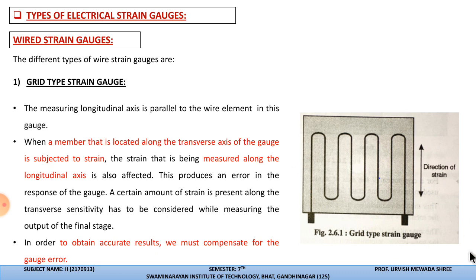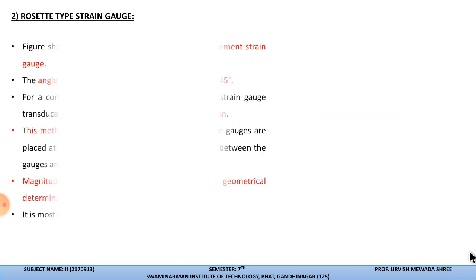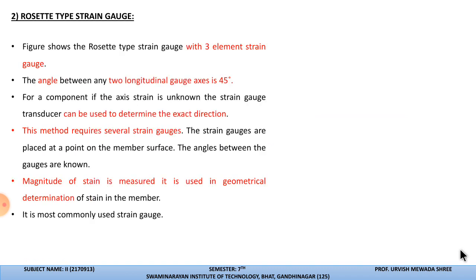To minimize this error we have the second strain gauge, the rosette type strain gauge.